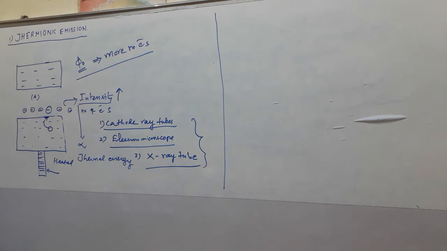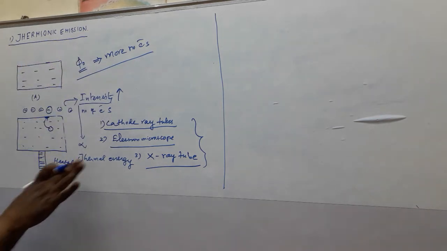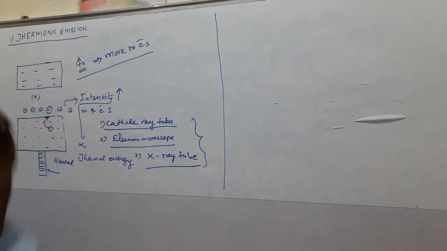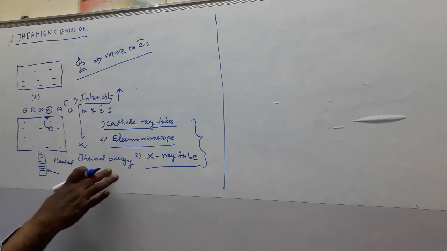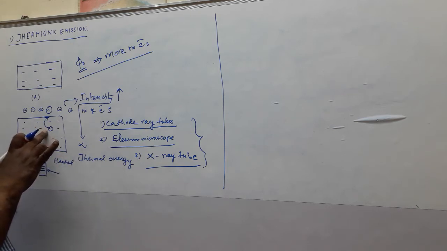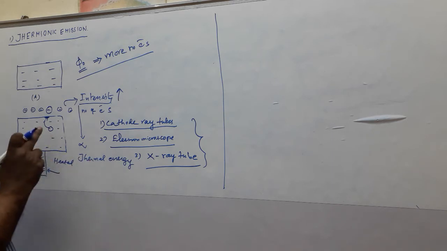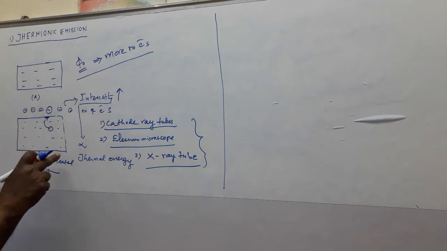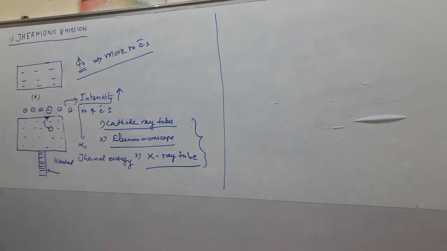So now let us summarize within 2 minutes. Thermionic emission is nothing but: in the absence of thermal energy, there is no ejection of electrons. In the presence of heat or thermal energy, these free electrons get sufficient energy from the thermal energy so that they cross the surface barrier and come outside the metal.